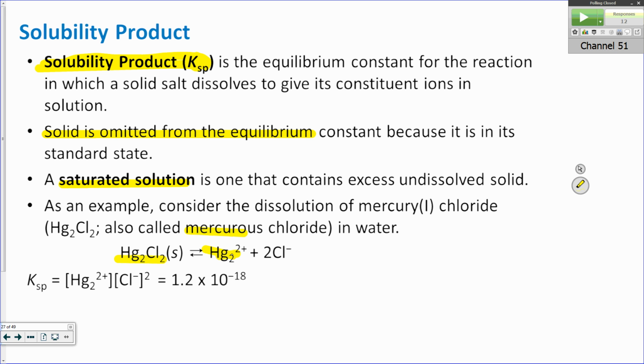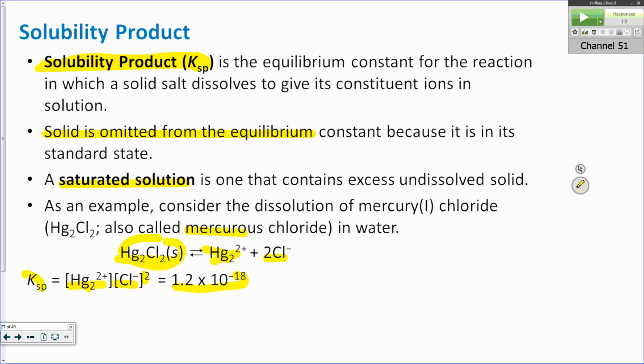But that's mercury, a unique metal. Mercurous chloride dissociates into the mercurous cation and 2 chlorides, so it's products over reactants. The solid doesn't appear in the expression. If I look at the products, it's the mercurous cation. Take note that I'm not squaring it, because it's a single species. Then the concentration of chloride squared, and that's equal to this small value, 1.2 times 10 to the minus 18. That tells me it's a very slightly soluble substance.